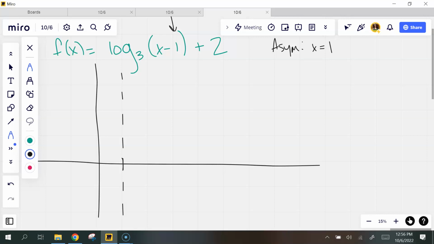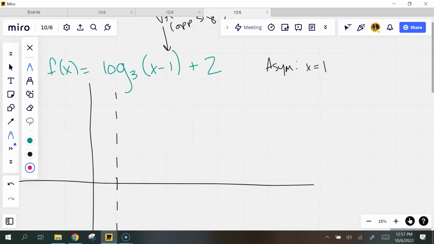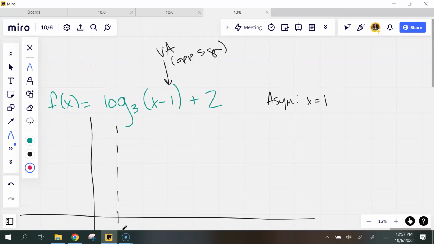It's hard to evaluate a log, do you agree? Sometimes, right? So here's what I want to do. I want to think about some numbers that are going to be easy to evaluate. I'm going to think about these two properties that we talked about yesterday. One of them being log base b of b is always what? 1, right? So if I could make this be the same value as this, it would be easy to evaluate.